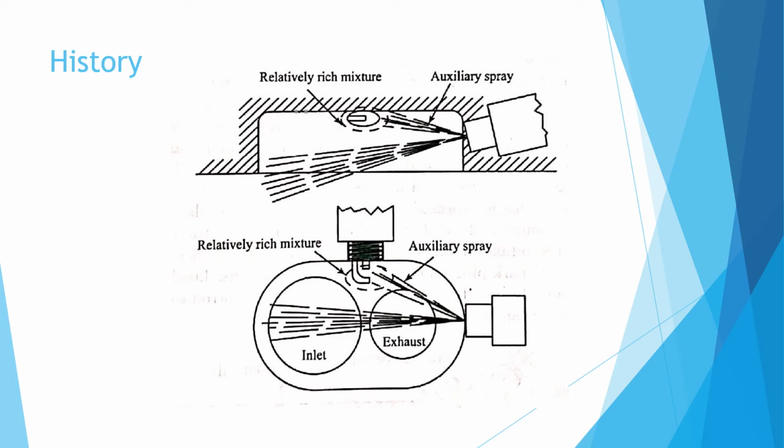This arrangement could give combustion over a relatively wide range of mixture strength with overall very lean operation, giving efficiency as high as 35%.